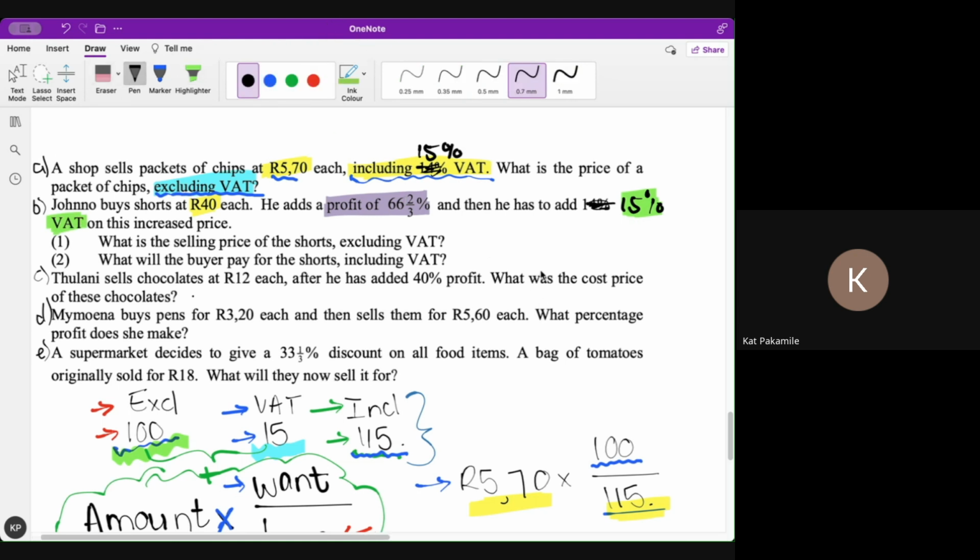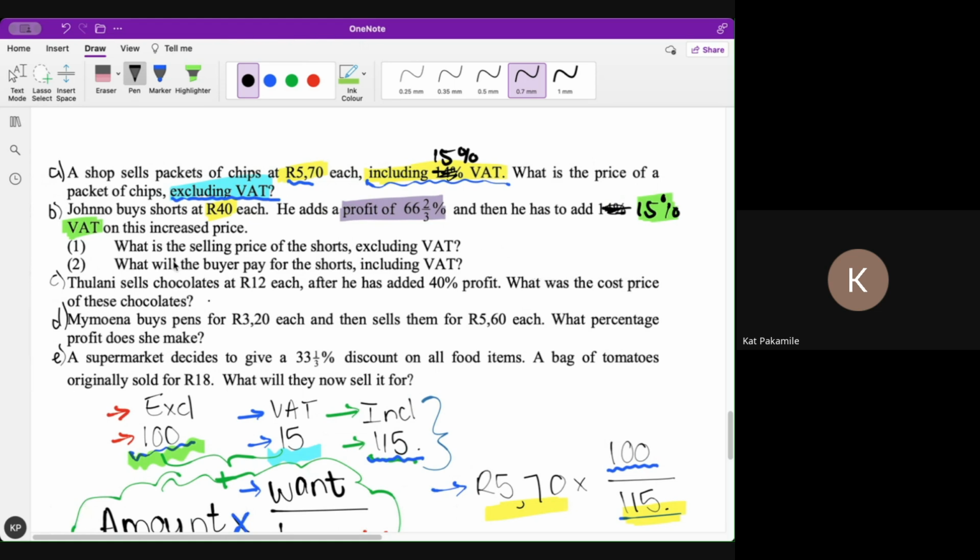Lovely. Guys, are you ready? Question 1 says, what is the selling price excluding VAT? So question 1 is basically saying, first add the profit and tell me the selling price before you add the VAT. Are we with me, guys?